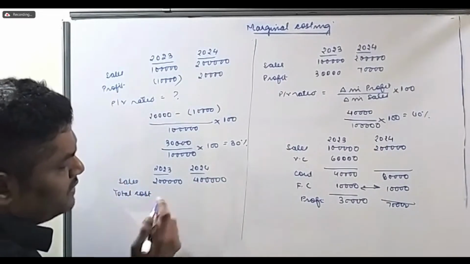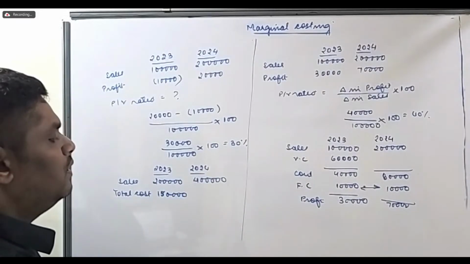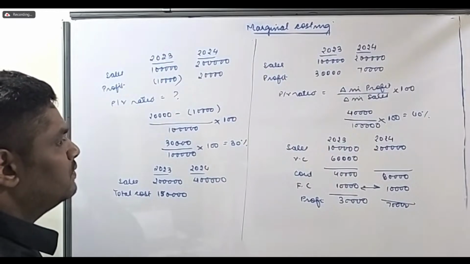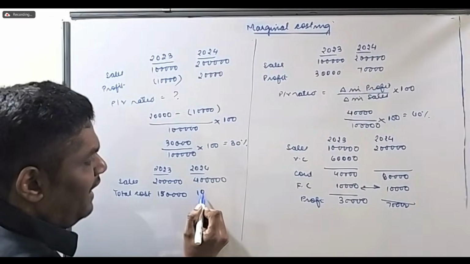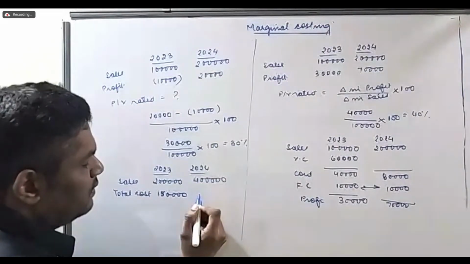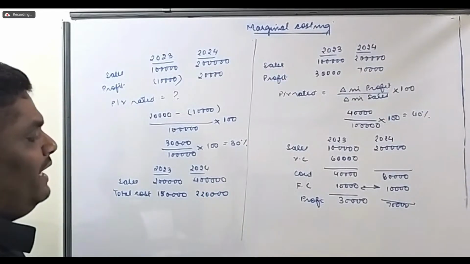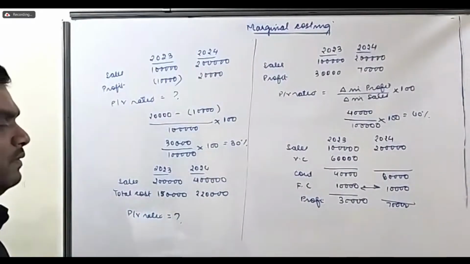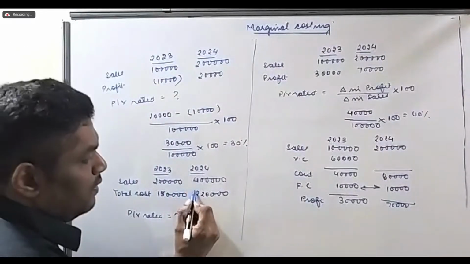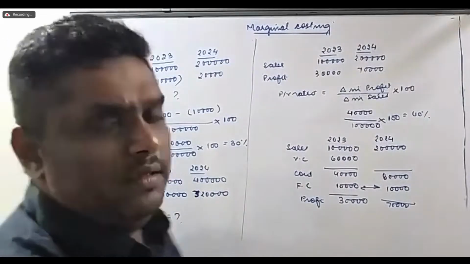Let's say my total cost is 1,50,000 and 3,20,000. You are required to calculate PV ratio.